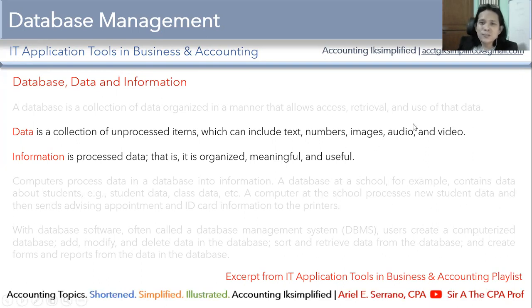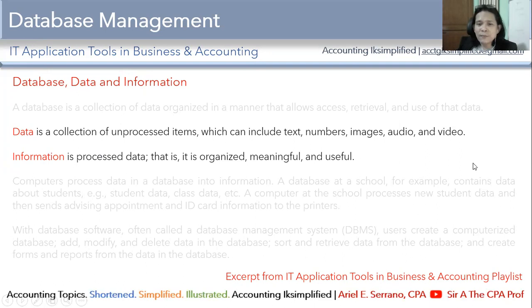It includes mga audio and visual items. But when we talk of information, it is a processed data. Meaning to say, na proseso na raw data, organized na siya, meaningful, at mapapakinabangan.